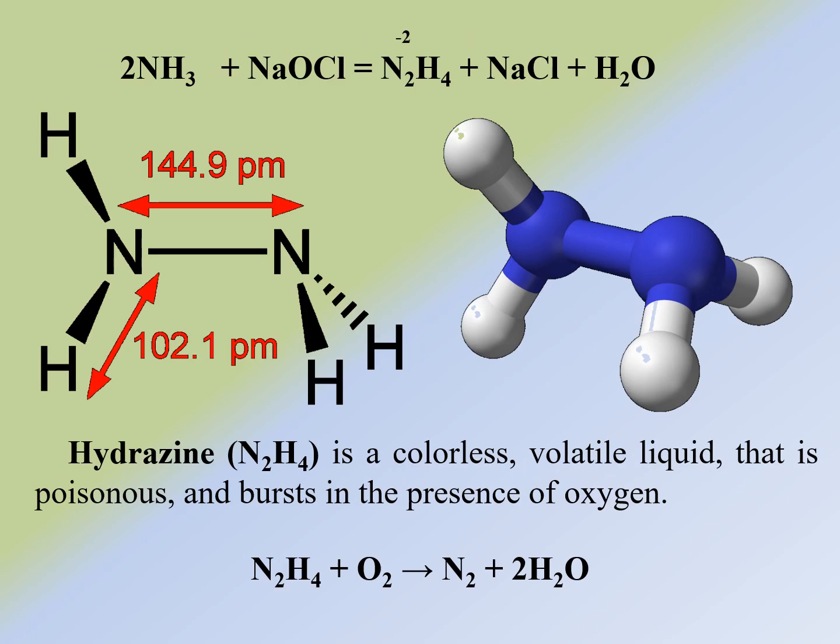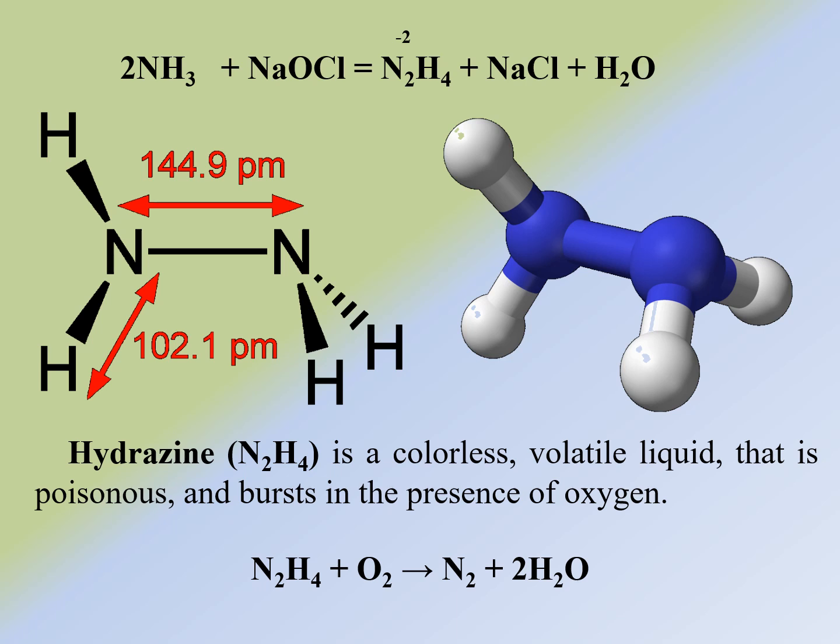What's this molecule? This is hydrazine, N2H4. It's a colorless, volatile liquid. And sometimes it's used to speed up an engine in a car. Because it burns readily and forms N2.